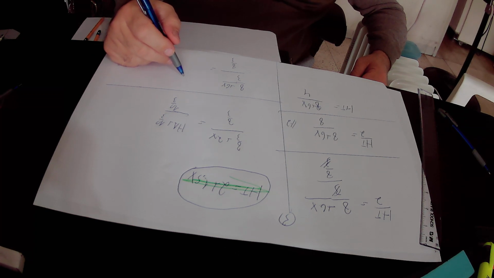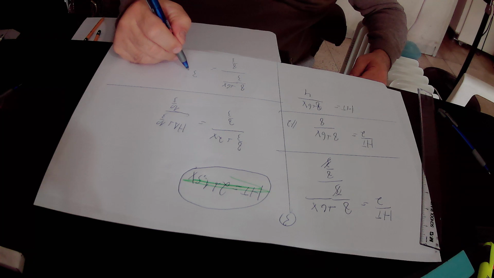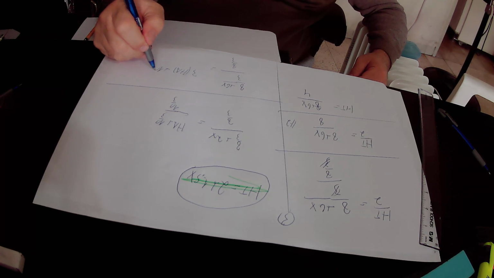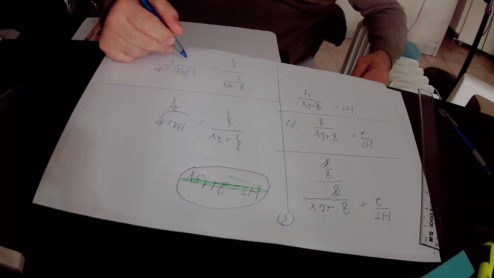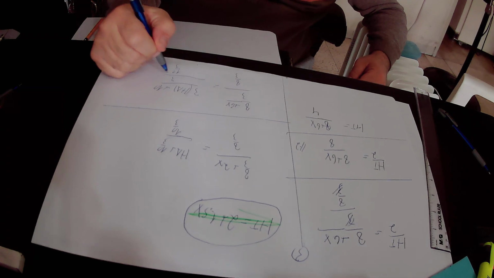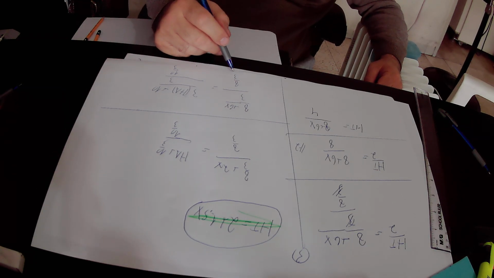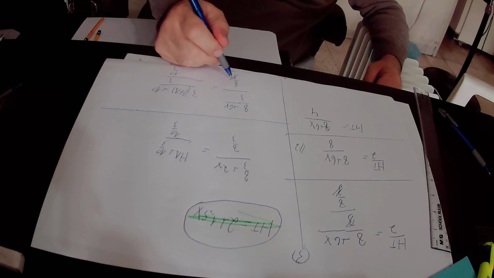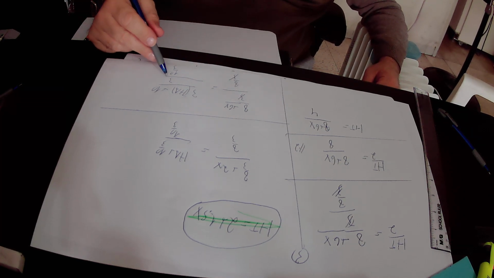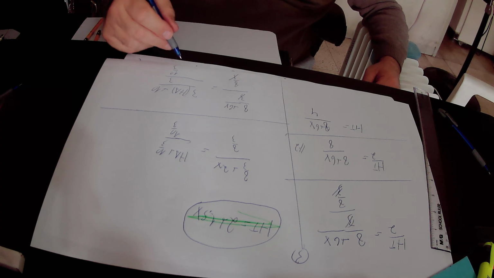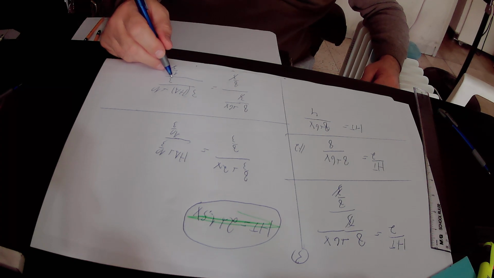So HA times 3 is 3HA plus 10 over 3 divided by 10 over 3. Here we have 3 in the numerator and 3 in the denominator, so 3 will get cancelled. Here also we have 3 in the numerator and 3 in the denominator, so 3 also gets cancelled.